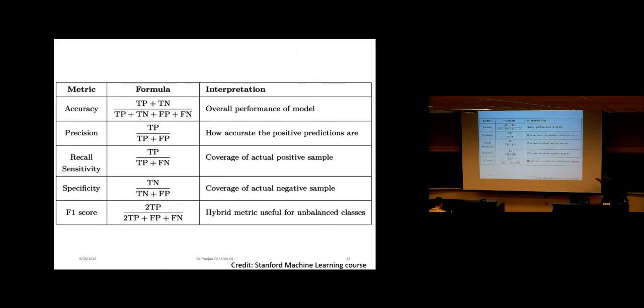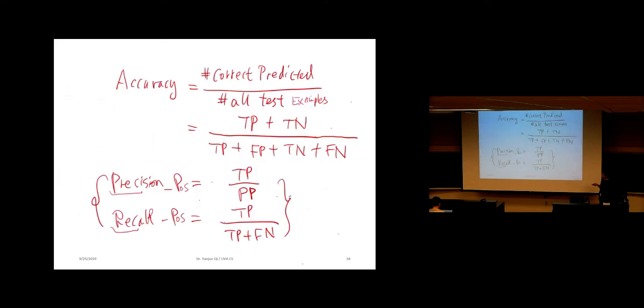The classic one is accuracy, which is really just the number of correctly predicted samples over the size of the test samples. Then there's precision, which is how accurate the positive prediction is, meaning how precise my positive predictions are. And there's recall, specificity, and F1 score. Accuracy is the number of correctly predicted samples over all the test samples.